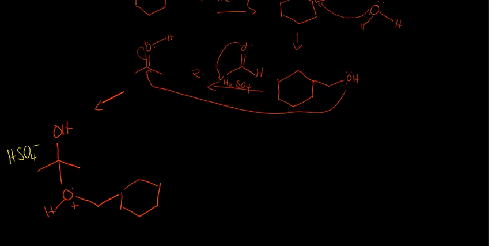Hence our product will be this. We'll draw the way we see it. Then this oxygen can be either here like that. Voila, you have the products.